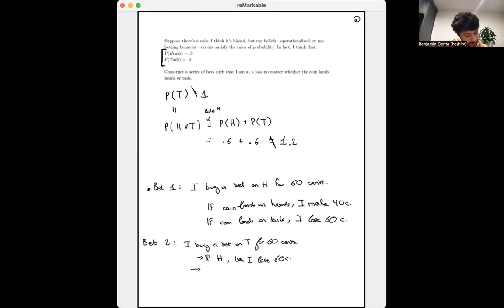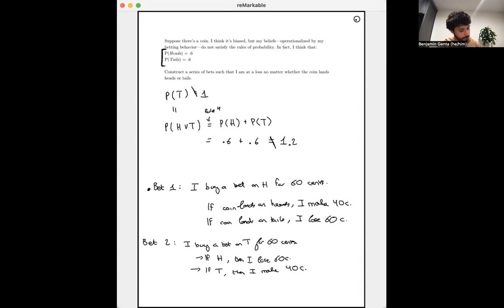But if tails happens, then I make 40 cents. Again, I buy the bet for 60 cents, but I'm betting that tails happens. Tails actually happens, and so I get $1 back. But I paid 60 cents for it, so my profit is 40 cents.